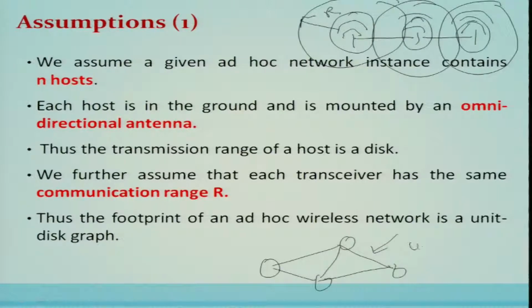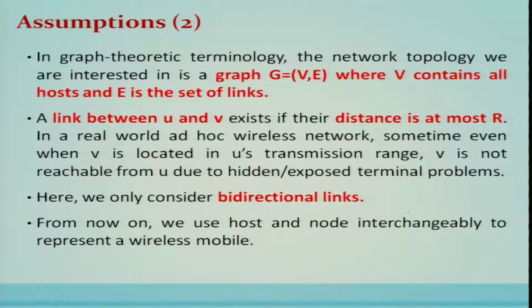So they will form a graph in this manner. This particular graph is called a unit disk graph. In such networks, which are called ad hoc networks or sensor networks, the graph that is constructed is a unit disk graph. But before that, let us see what the unit disk graph structure is. In graph theoretic terminology, the network topology is a graph where V contains all the hosts and E is the set of links, present if the unit disks overlap and the two nodes are within each other's communication range.